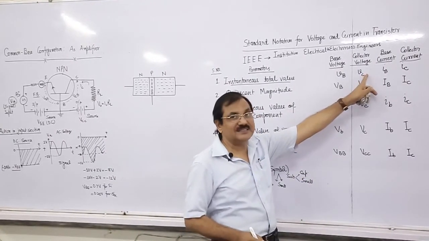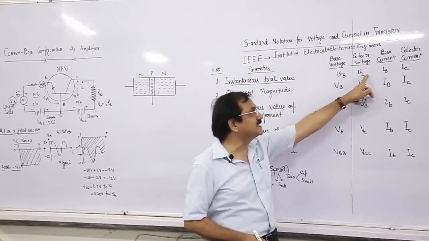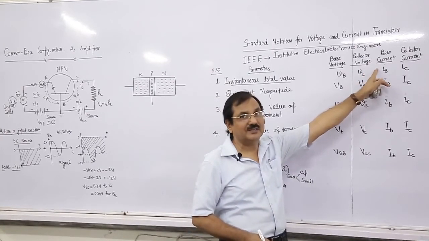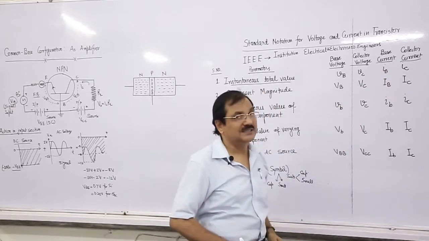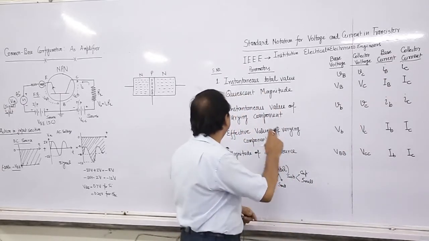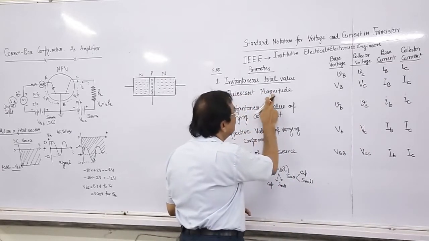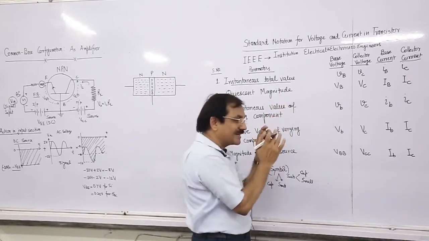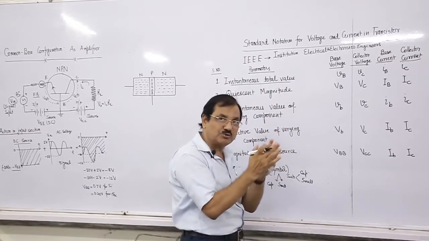Similarly, this is small v capital C, this is small i capital B, and this is small i capital C. The next quantity has a magnitude which is constant with respect to time.